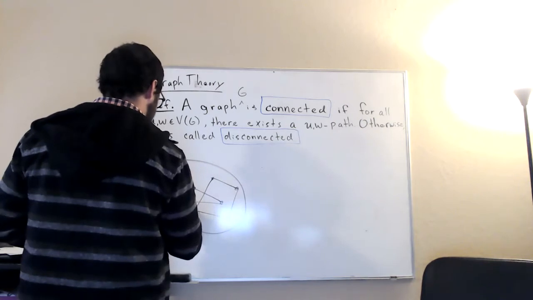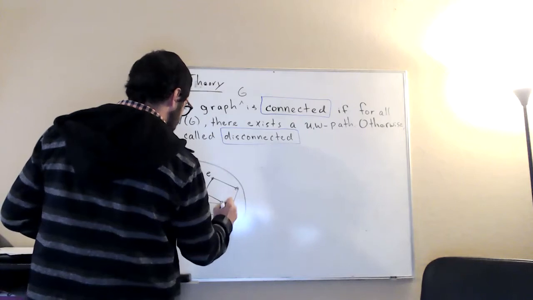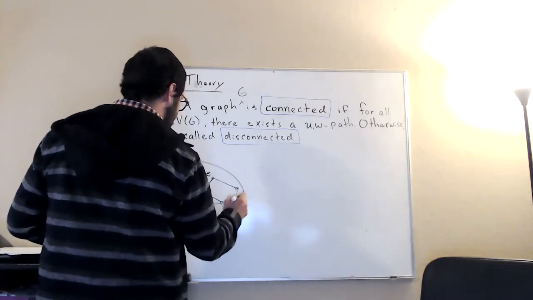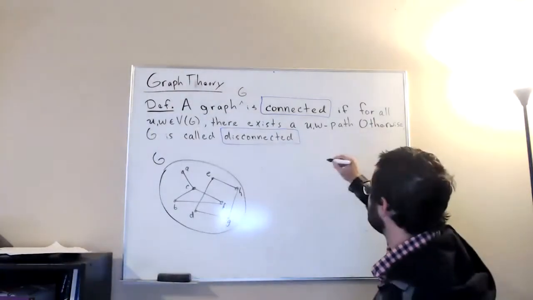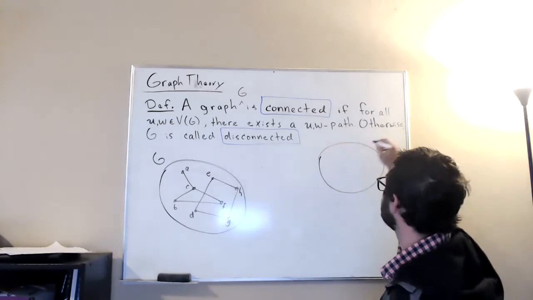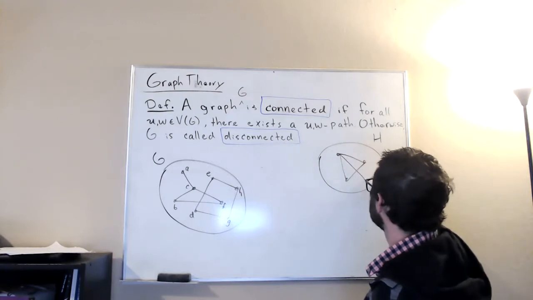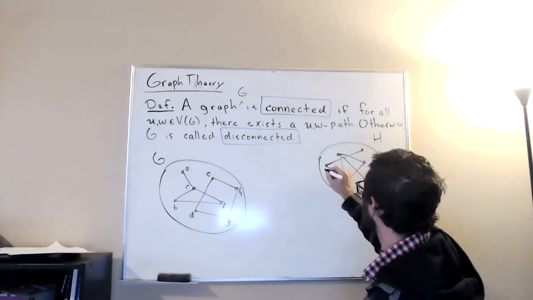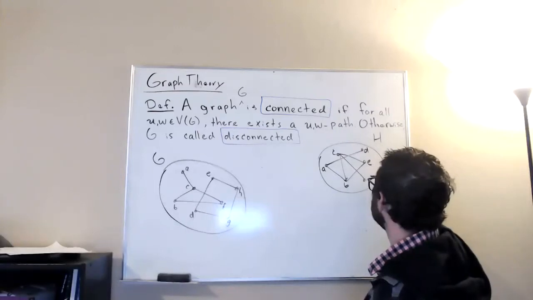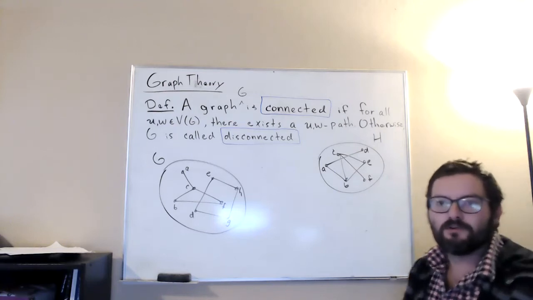Say A, B, C, D, E, F, G, and H. And then I'll call this graph over here, I'll call this graph H. And I'll call this A, B, C, D, E, and F.